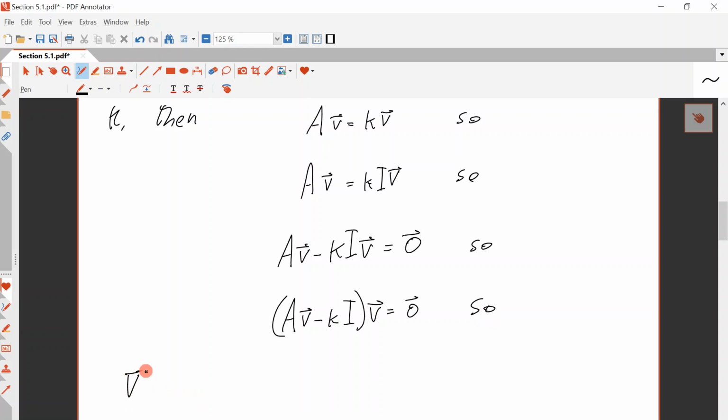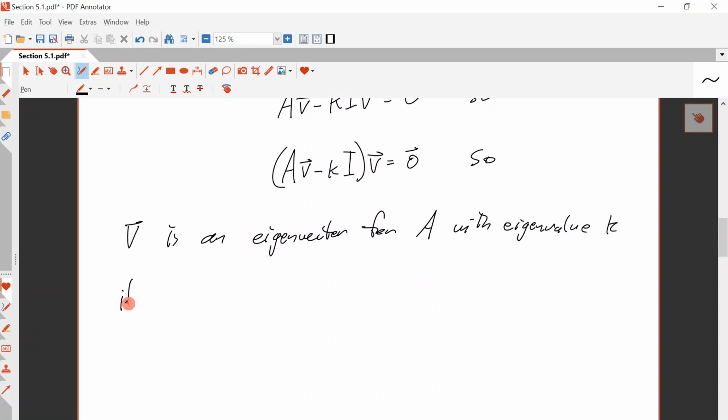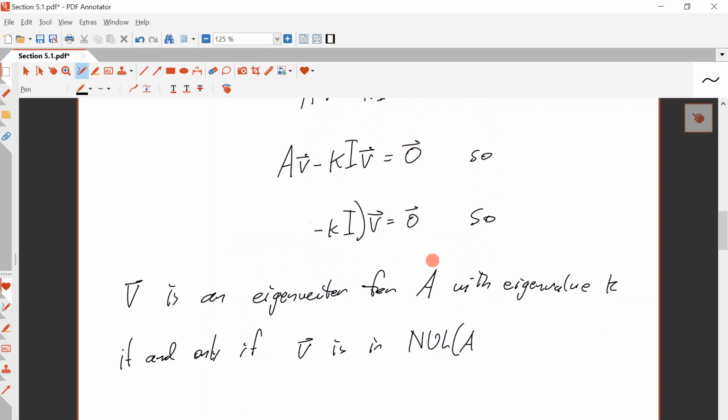A times v minus k times I times v equals 0. So v is an eigenvector for A with eigenvalue k if and only if v is in the null space of that matrix there. Oops, I was supposed to factor out the v. I didn't factor out the v.